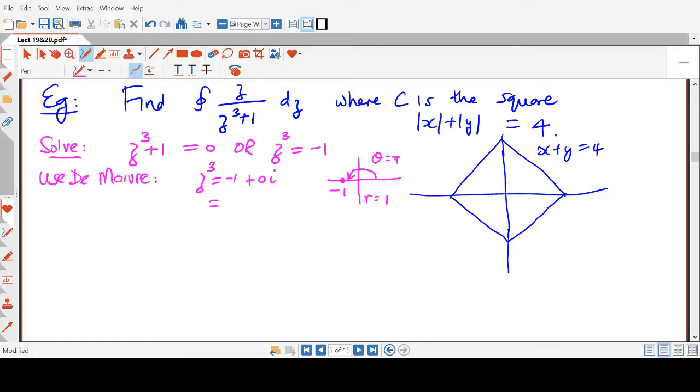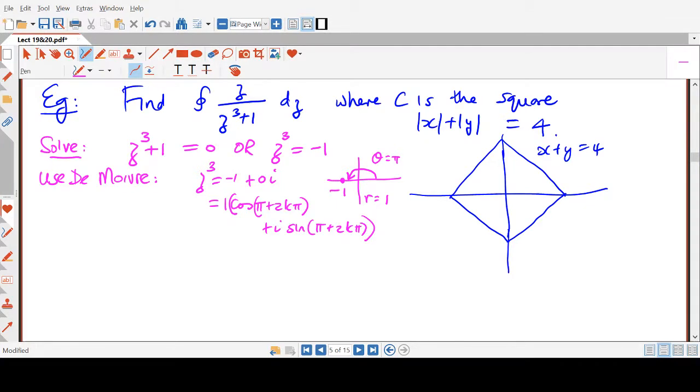So you can say this is the same as 1 of cos of pi plus 2k pi plus I sine of pi plus 2k pi. The angle is pi. But remember, this happens every 2k pi.